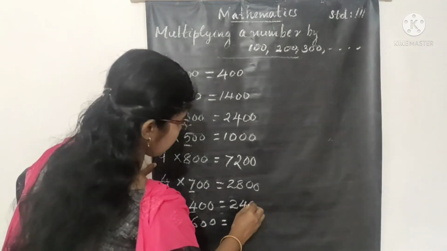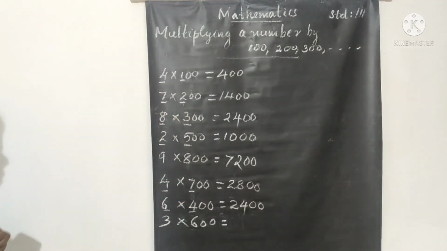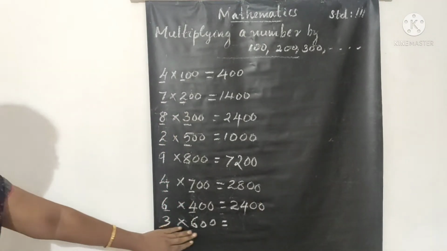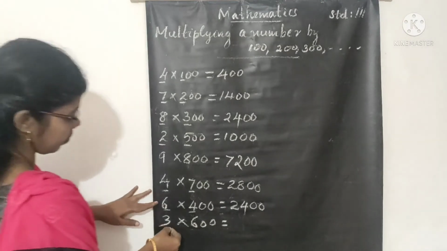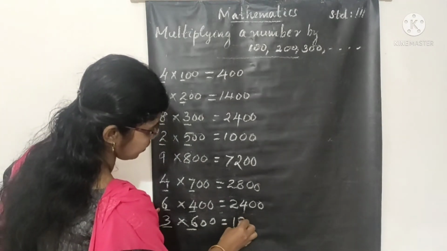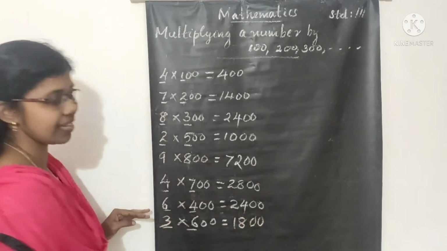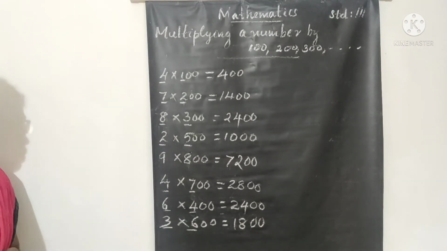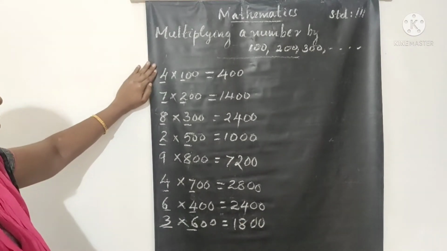Then how many zeros here? 2 zeros. Answer 2400. 3 into 600. 3 6s are 18. Then put 2 zeros. Answer 1800.